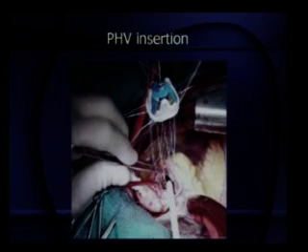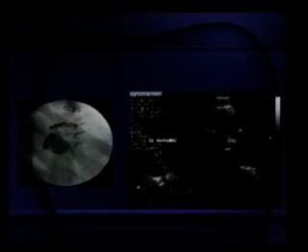This is just a picture of a prosthetic heart valve during insertion, and Dr. Vinayak really wanted to show you that sometimes we have to resort to good old fluoroscopy when we are looking at valve dysfunction.